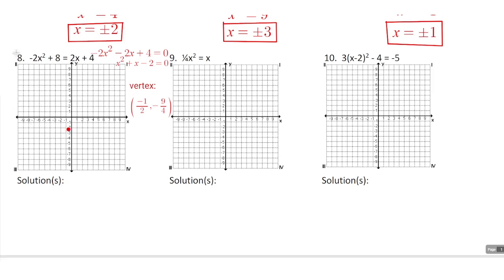Okay, so now let's find the solutions. This is factorable, so we'll go ahead and factor it. x squared plus x minus 2 equals 0. We can rewrite that as x minus 1 times x plus 2. So our two x-intercepts are going to be at 1 and -2.